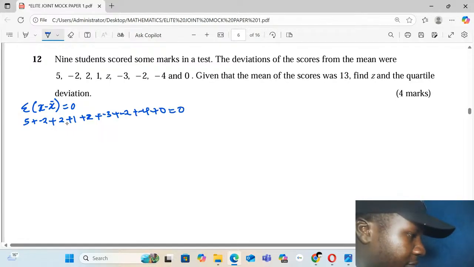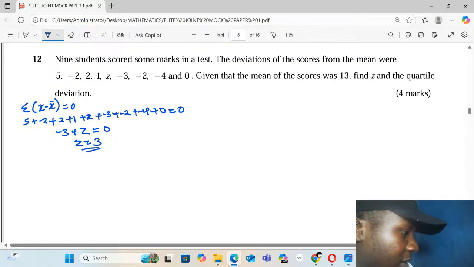So when you add, you get -3 plus z equals 0. So the value of z becomes 3. So we have the value of z.